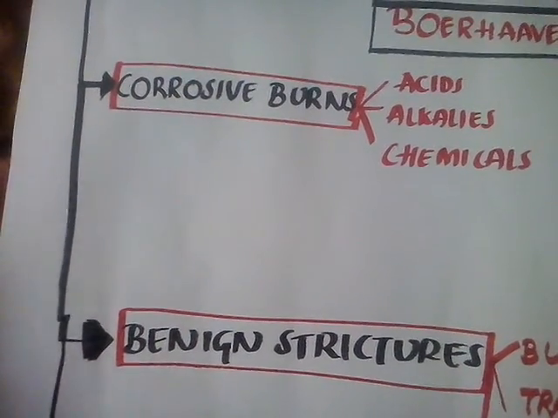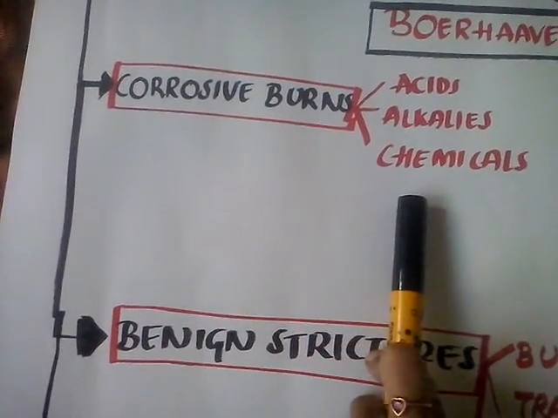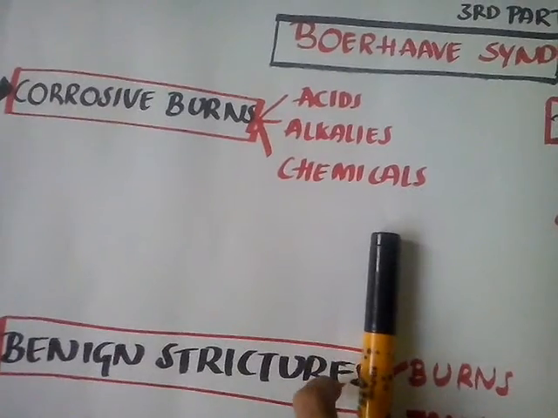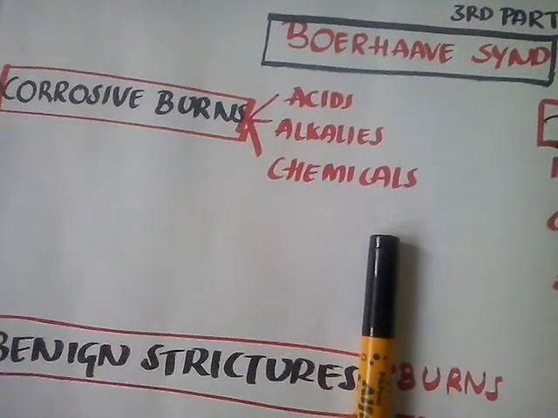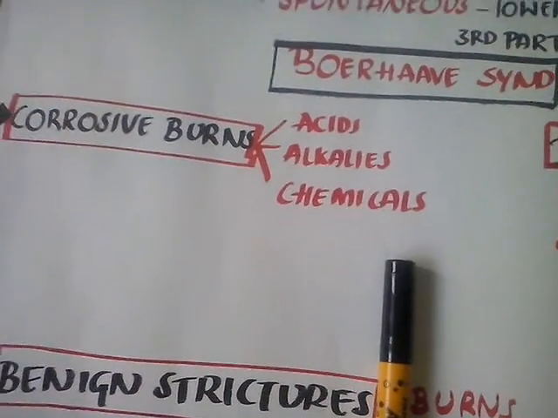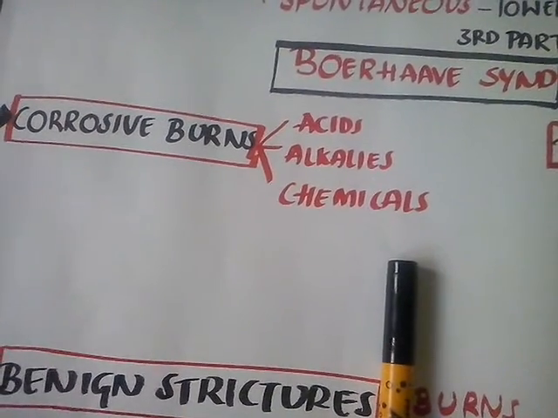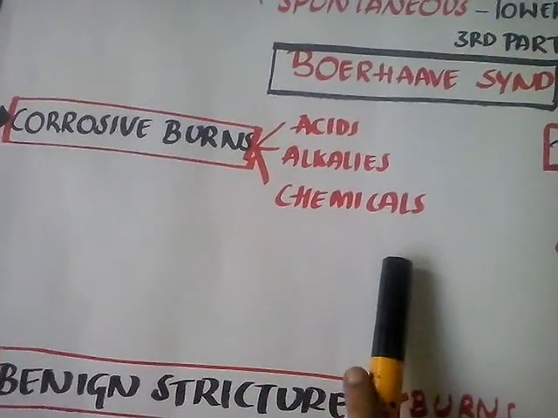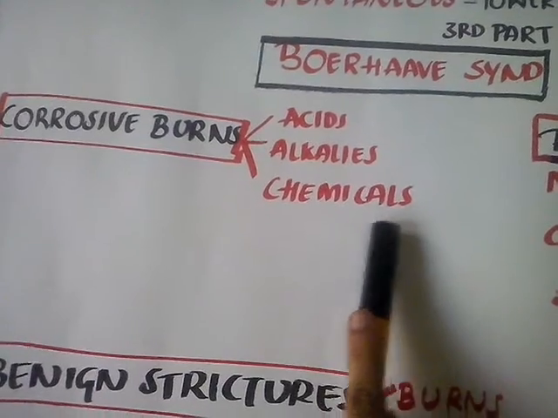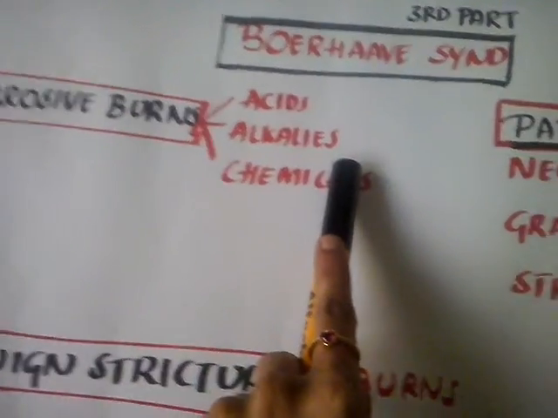Then coming to corrosive burns. Corrosive burns are due to acids, alkalis and chemicals. The severity of the burns depends on the nature, quantity, concentration and the duration of the contact.